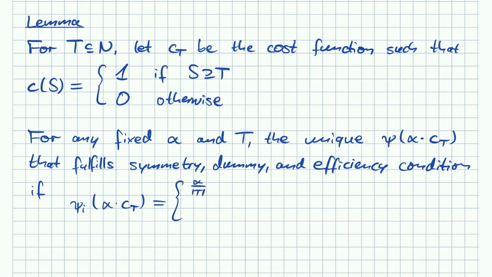Psi I of alpha times Ct will be equal to alpha over the size of T if I is in the set T and 0 otherwise.